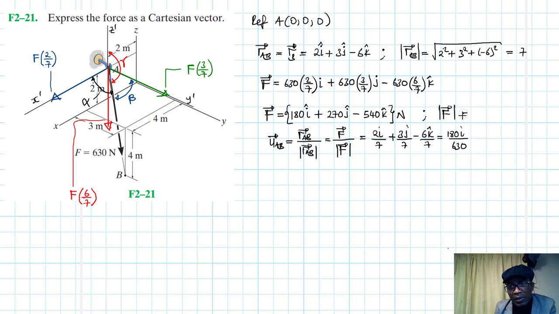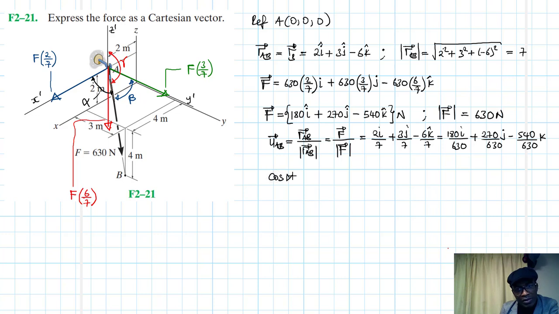So this is equal to that plus 270 divided by 630 j minus 540 divided by 630 k. So you can use any of these. You still arrive at the same solution, right?